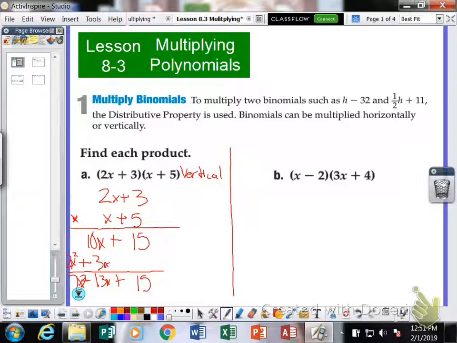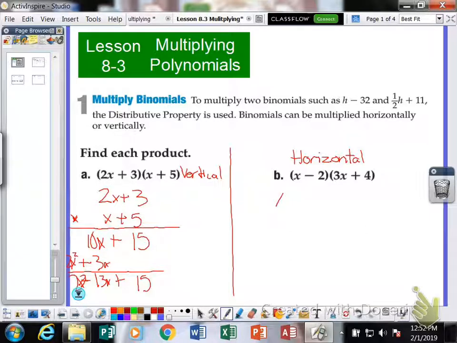Now I'm going to use the horizontal method. So when I'm using the horizontal method, I'm simply going to rewrite as the sum of two products, and the two products are going to be the first two terms in my first parentheses.